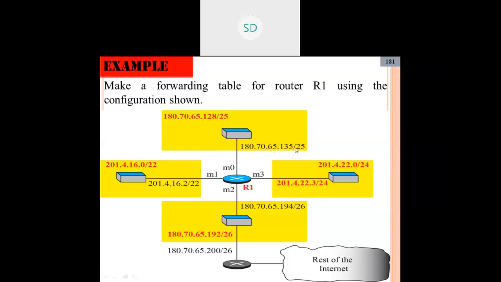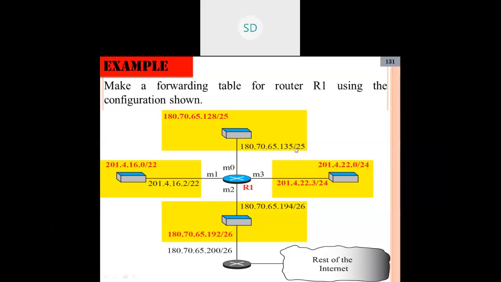This indicates the mask, right? Slash 25 means that, as we know the overall bit size is 32, 32 minus 25 is 7. It means the lowest 7 bits, starting from the LSB, will be set to 0.